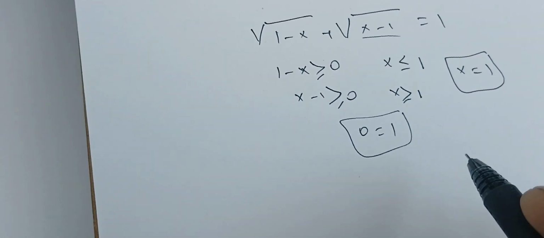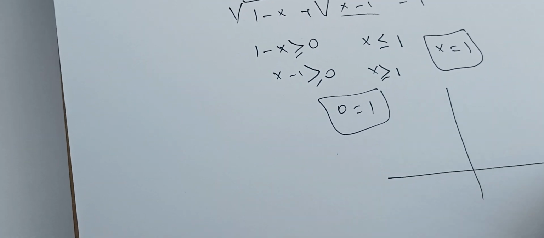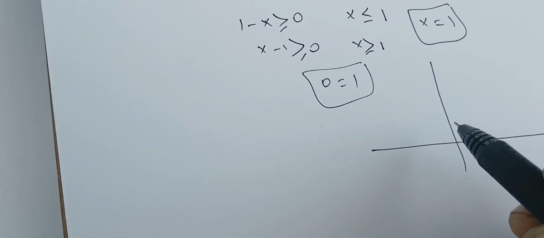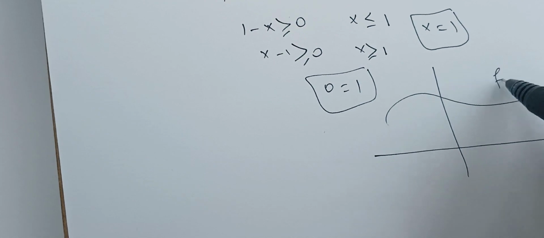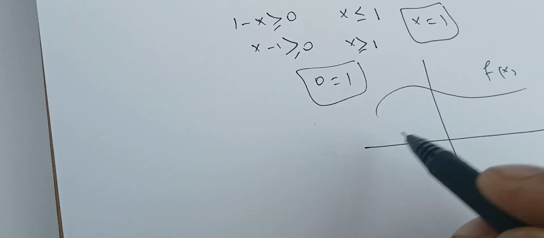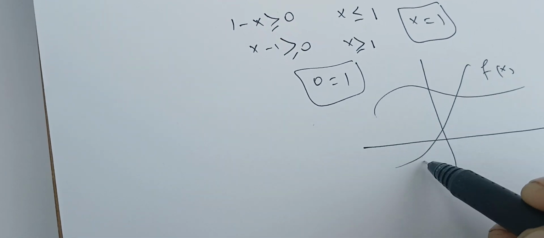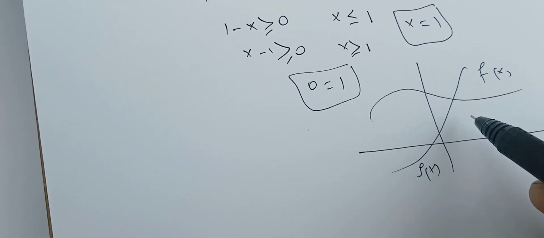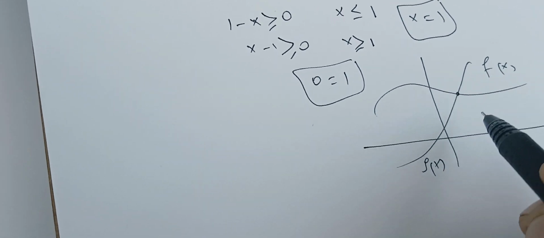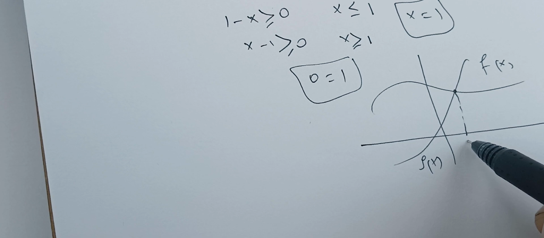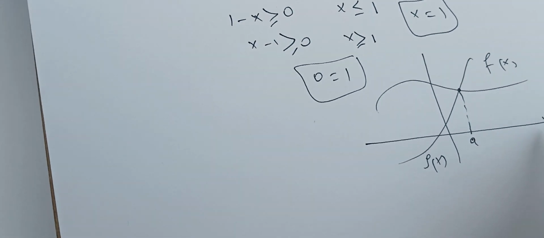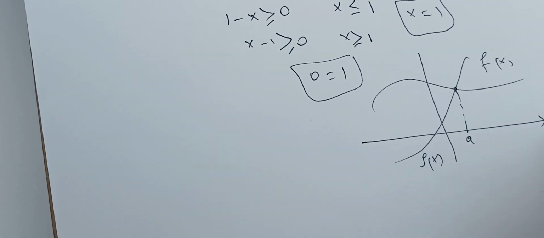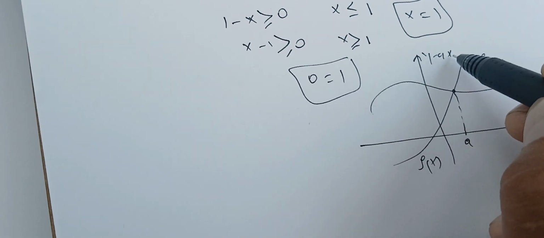So to solve this one graphically, let's go back to see what we mean by that. Assume that we are given the graph of this function f, and another function g. These two functions meet at this point. The projection on the x-axis, let's call it a. This is our x-axis, and this is our y-axis.